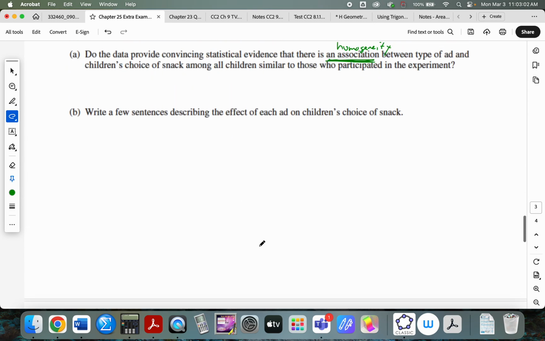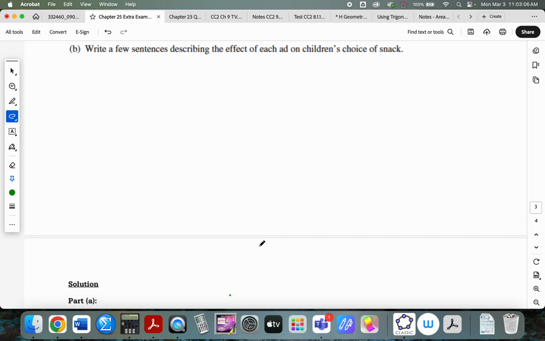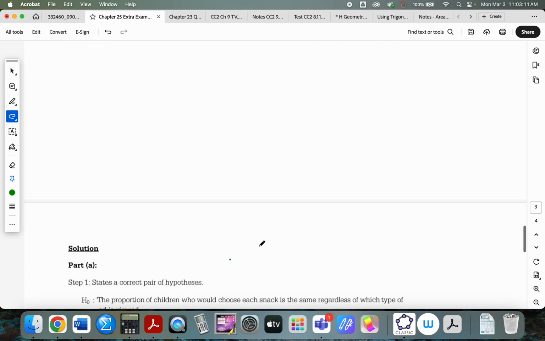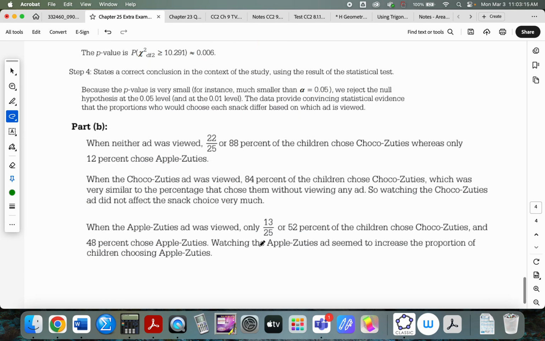The interesting part on this one actually comes in part B. Write a few sentences describing the effect of each ad on each children's choice of snack. When neither ad was viewed, 88% of the children chose Choco Zooties, whereas 12% chose Apple Zooties.